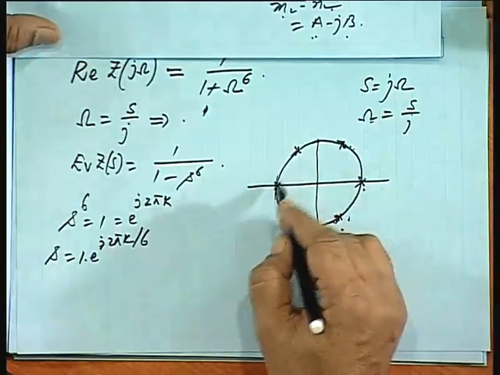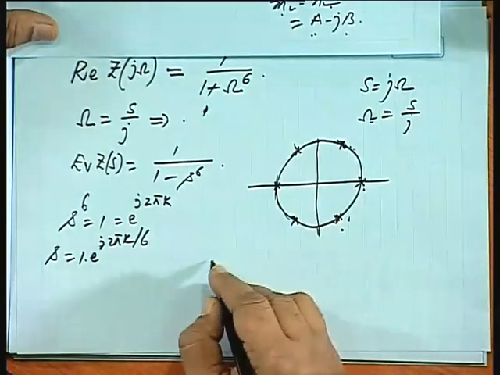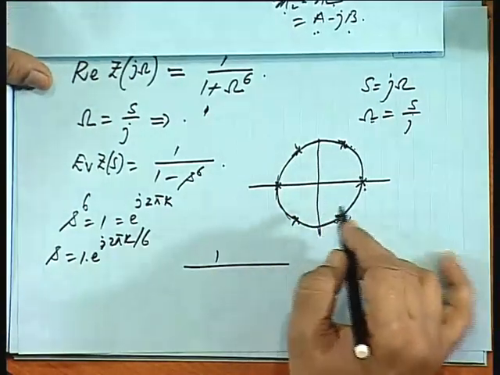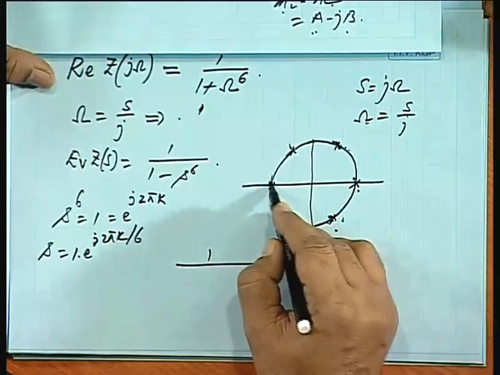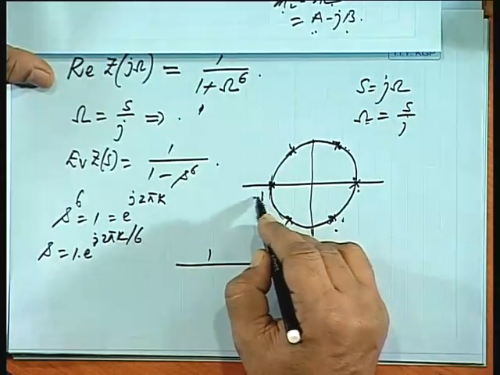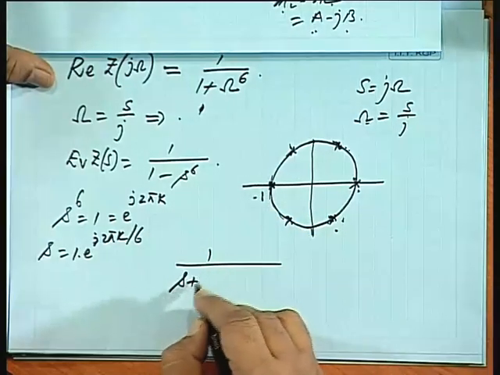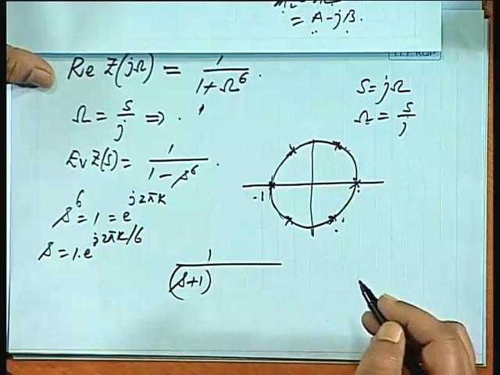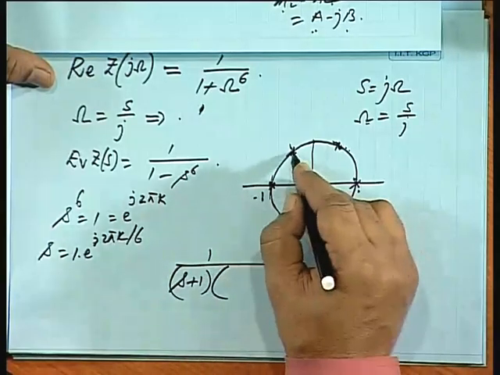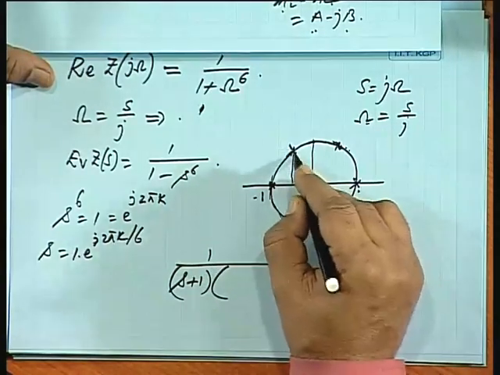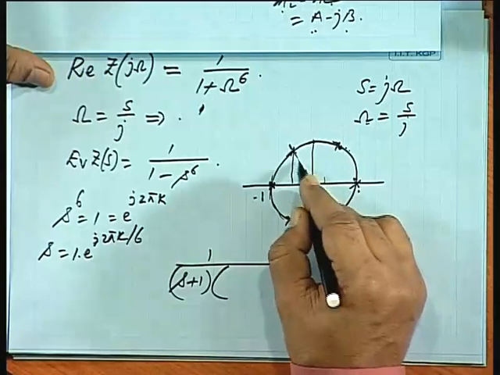What are the roots? What will be the polynomial? The denominator polynomial, the root 1 corresponds to minus 1, so s plus 1 is a factor. The other ones will be at 120 degrees, so this is 60 degrees.